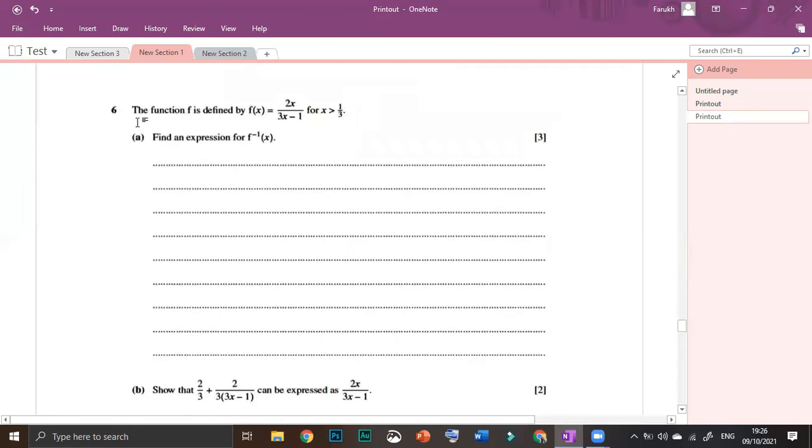Now question number 6, the function f is defined by f of x is equal to 2x over 3x minus 1 for x is greater than or equal to 1 by 3. Find the expression for f inverse x. This one is simple. f of x is equal to 2x over 3x minus 1.